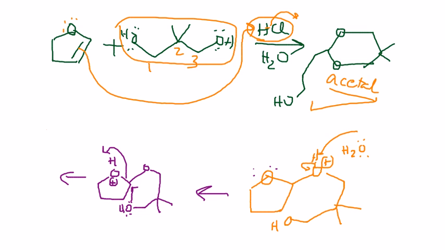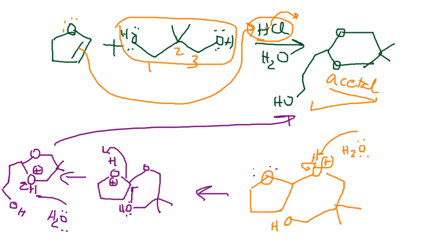So on one hand, you're going to end up with the methyl groups right there, positive charge still, 1, 2, 3, OH, and then water can lose that last proton and give you your desired acetal.